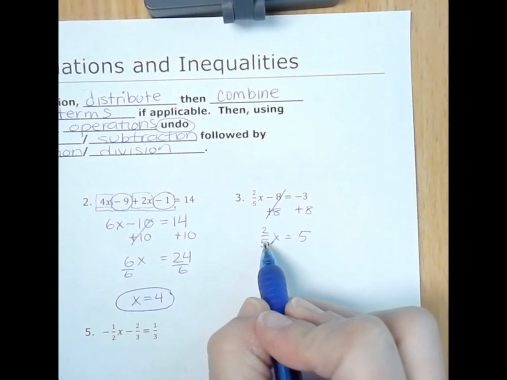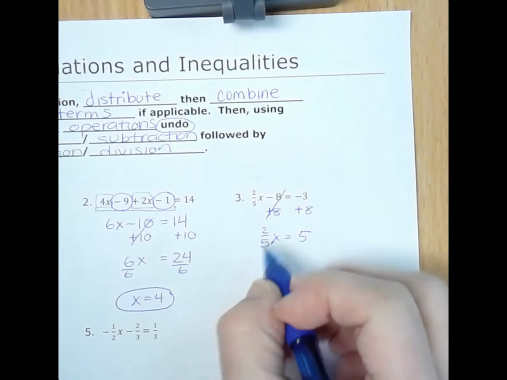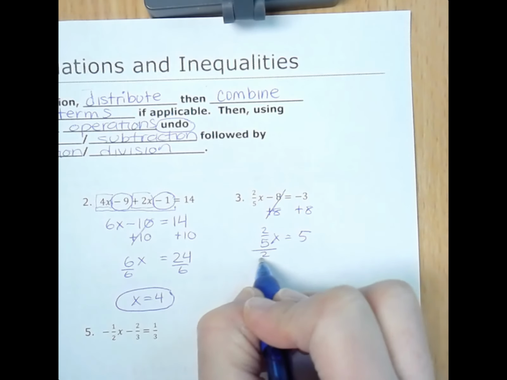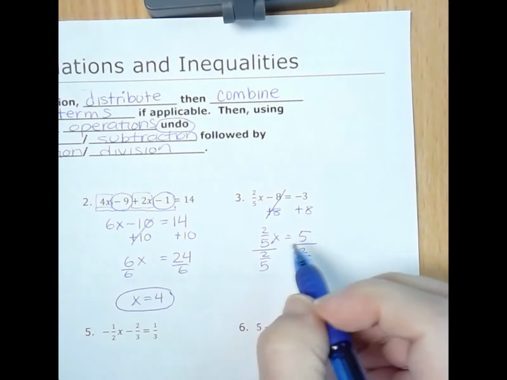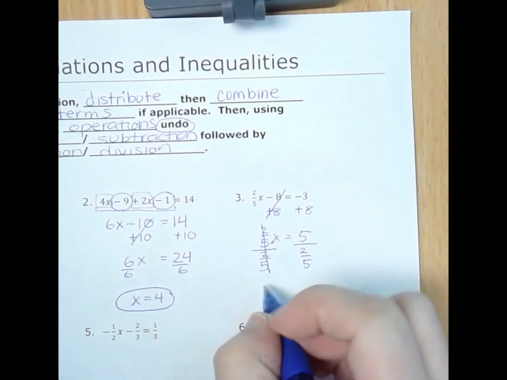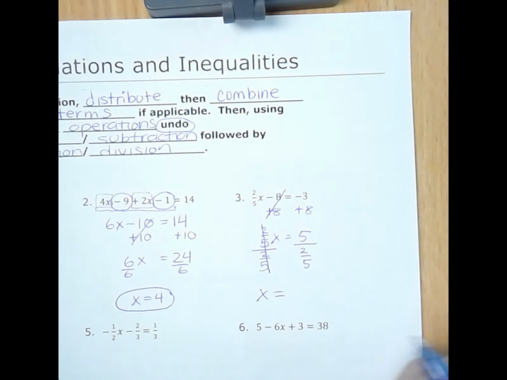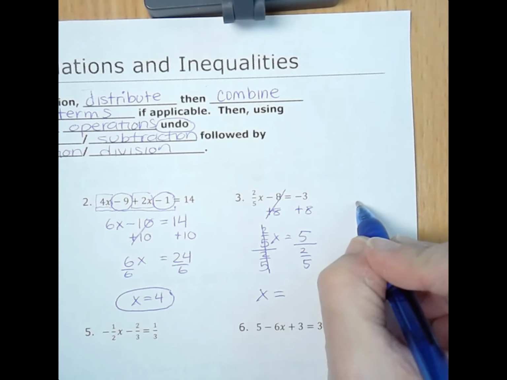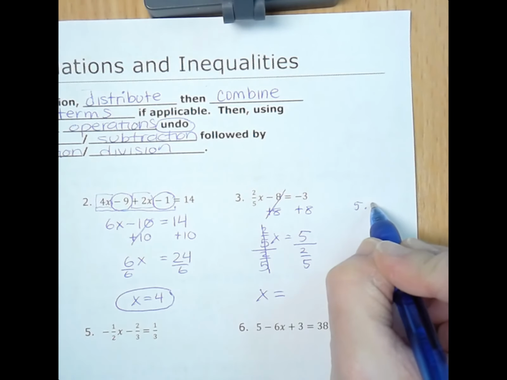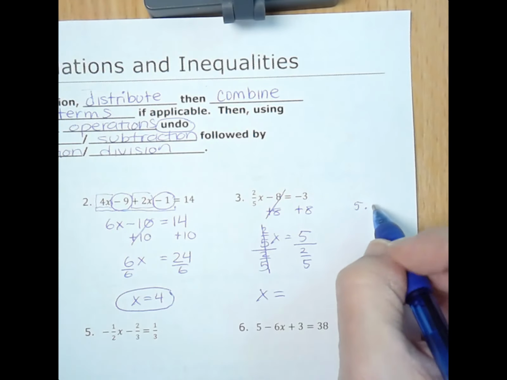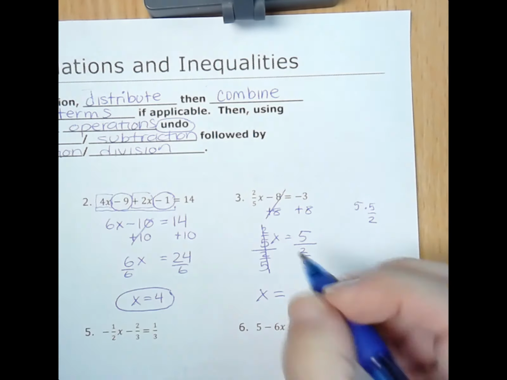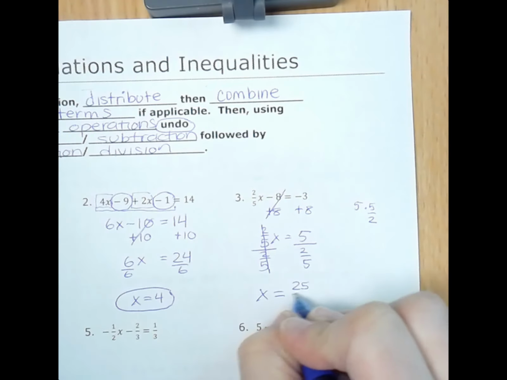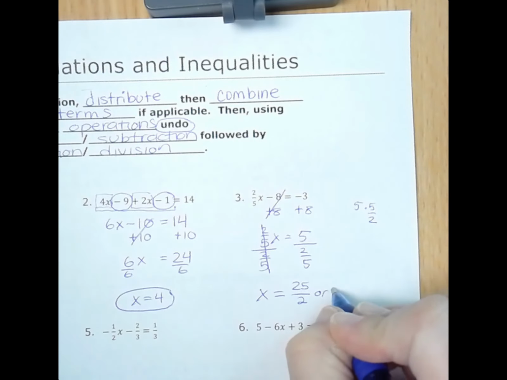Remember, this is 2/5 times x, so you can divide both sides by 2/5. And let's see, 5 divided by 2/5 is the same as multiplying by 5/2. So we would get 25 over 2, or 12.5.